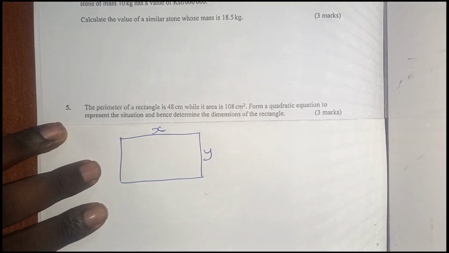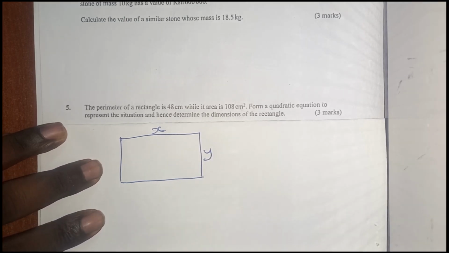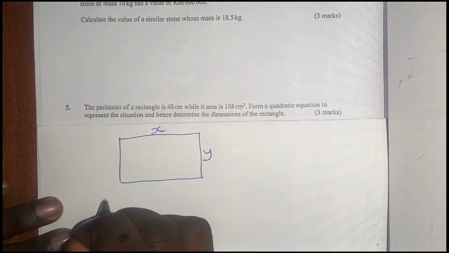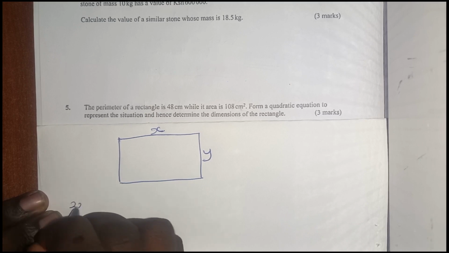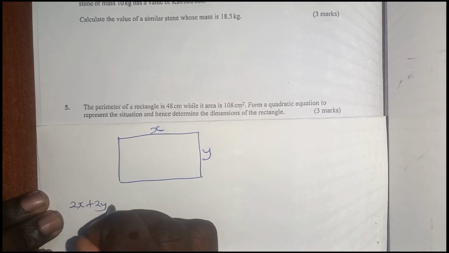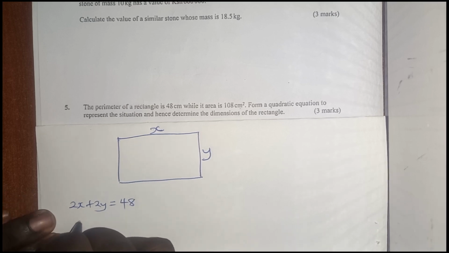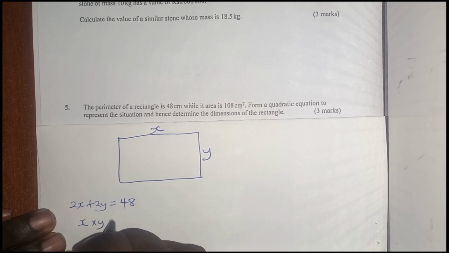Okay, so once we've done that, we say 2x plus 2y, which is the perimeter, gives us 48 centimeters. And we know also x multiplied by y gives us 108.